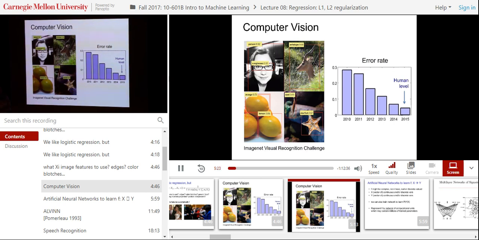What's remarkable is that in 2010, these state-of-the-art systems were based on SIFT features and other manually developed low-level pre-processing of the image. Today's systems are literally based on inputting the pixel values of the image and not even trying to human engineer the features. So that's one way to think about why neural nets are so important.